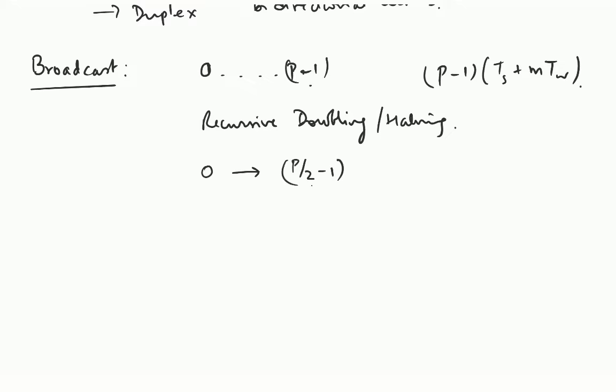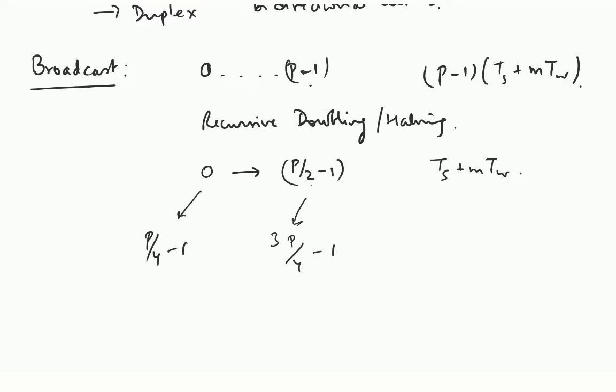So this will be one communication, and this will take time Ts plus mtw. Now in the next iteration, 0 will send to p by 4 minus 1 and p by 2 minus 1 will send to 3 p by 4 minus 1, and so on.